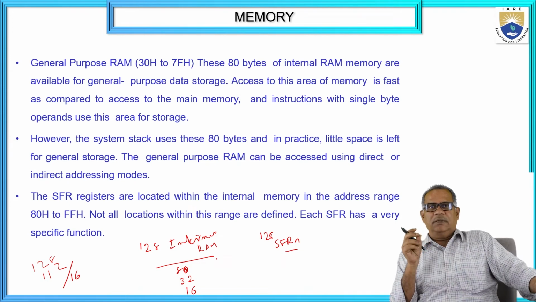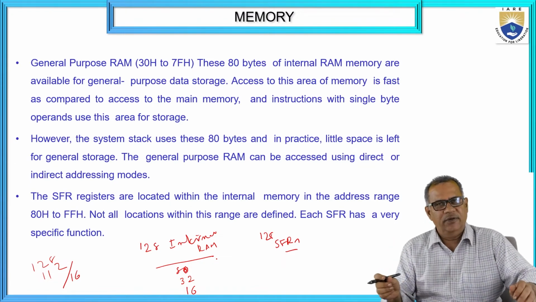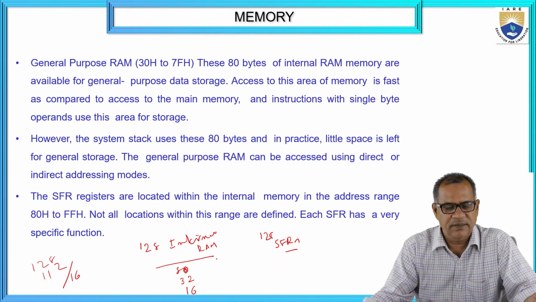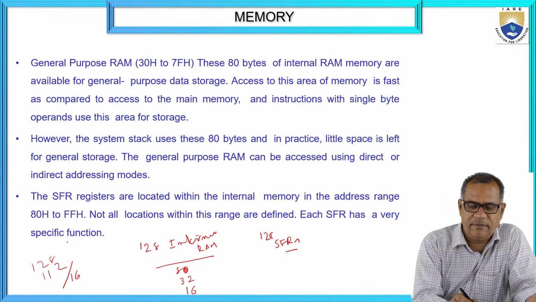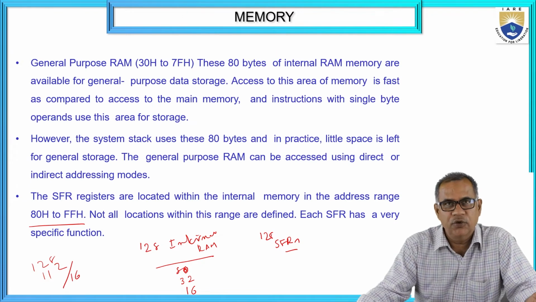So the system stack normally uses the general purpose RAM, which is 80 bytes, and only little space is left for general storage. And the general purpose RAM can be accessed using direct or indirect addressing modes. And for SFRs we have the address range 80H to FFH, and not all locations in this range are used.